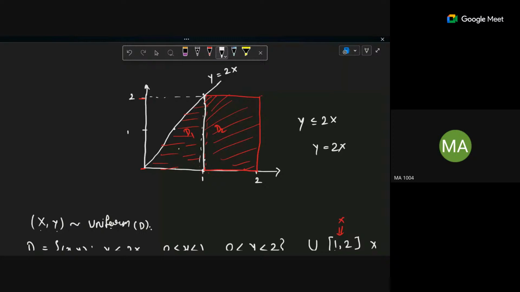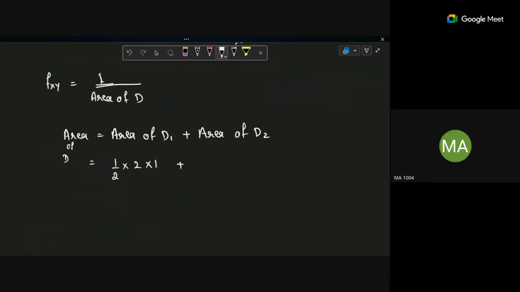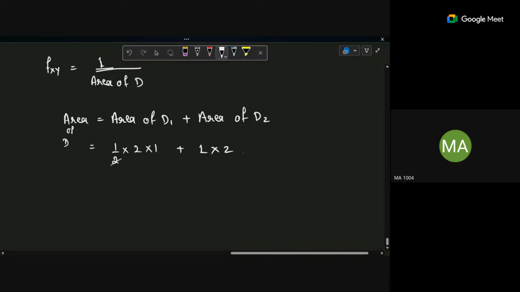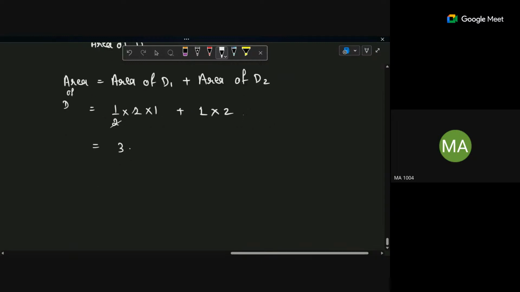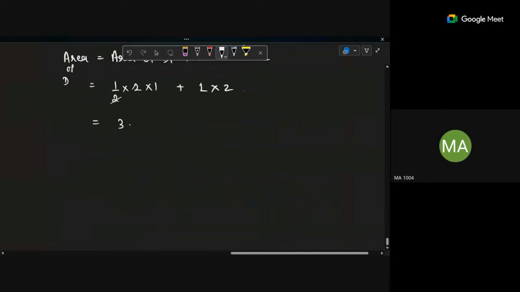Half into base into height, because D1 is a triangle, right? So base is 1, height is 2. Area of D1 is 1 unit, and what about area of D2? It's 1 into 2, so 2 units. Total area of D is 3. Okay, now you know your f_XY is 1 by 3.